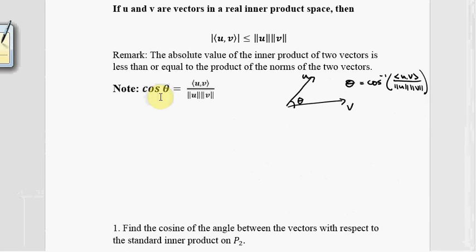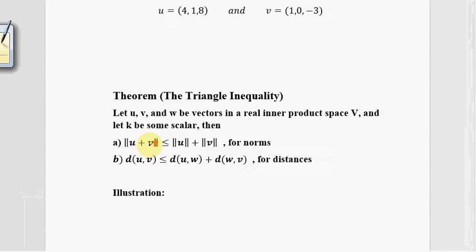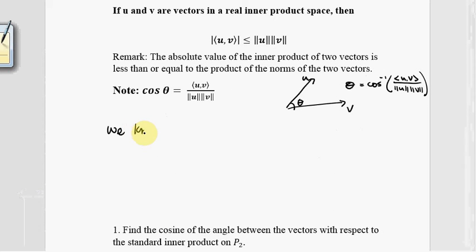Here, if you look at the cosine, we know that cosine is always between -1 and 1 and oscillates between those two.